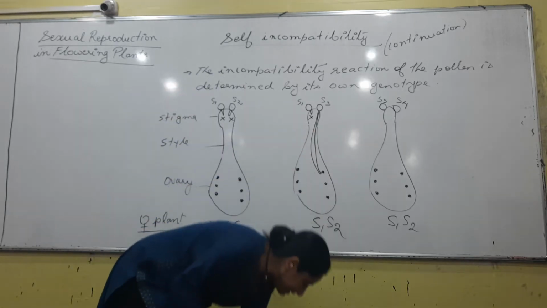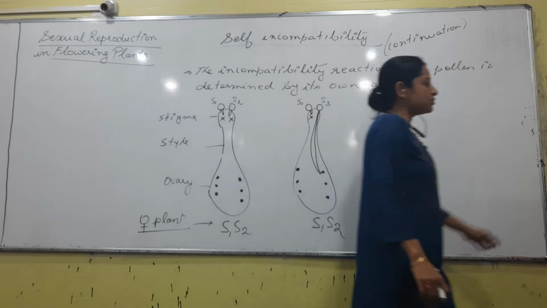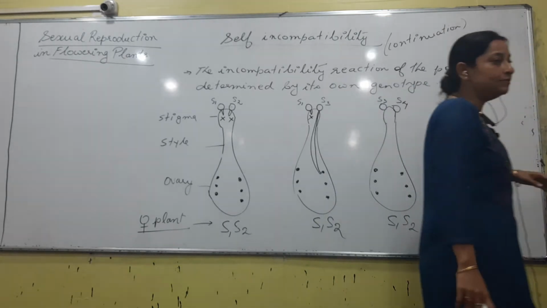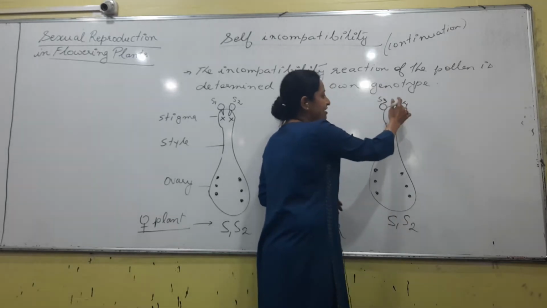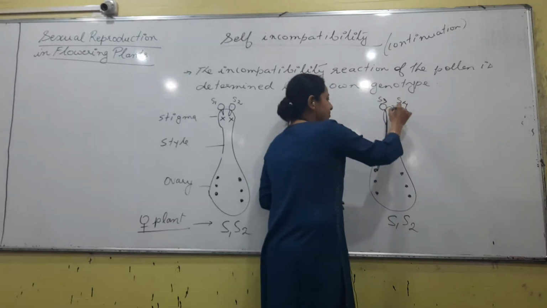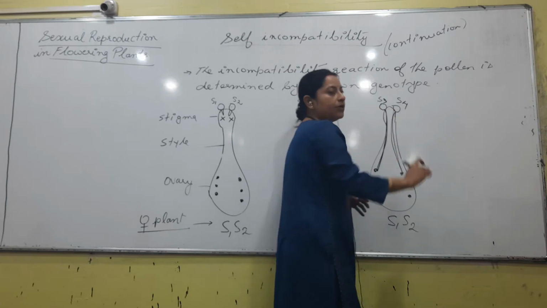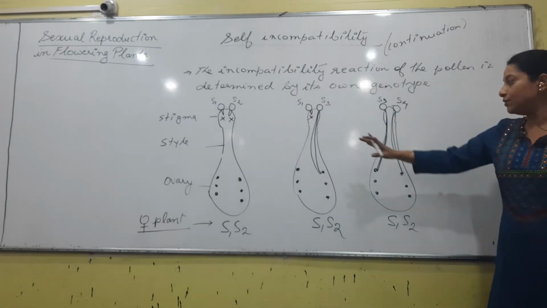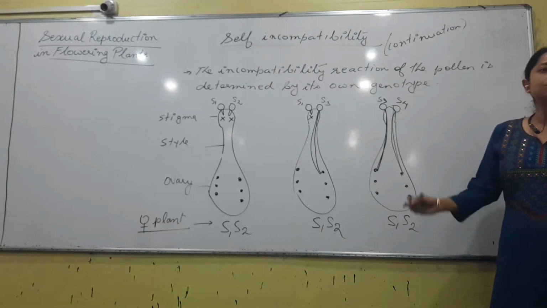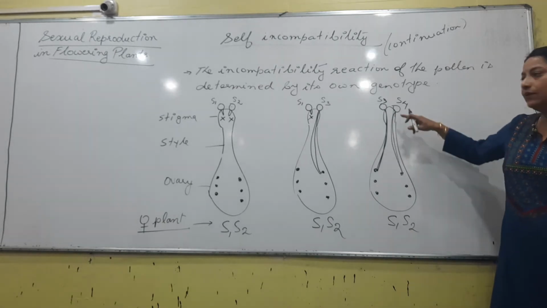Clear? And in the third diagram, what will happen? Both will happen, right? So in this case, S3 is different: S1, S2 plant, S3, S4 pollen grains, this one will germinate, this one will germinate. The concept is clear now. So how will diagram-based questions come? You have to identify which one will germinate and which one will not germinate.